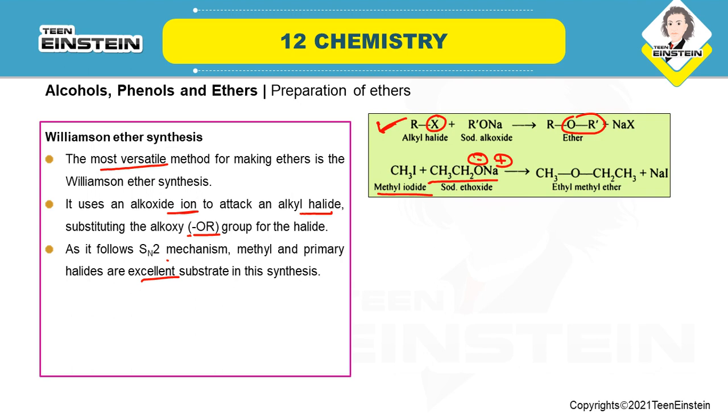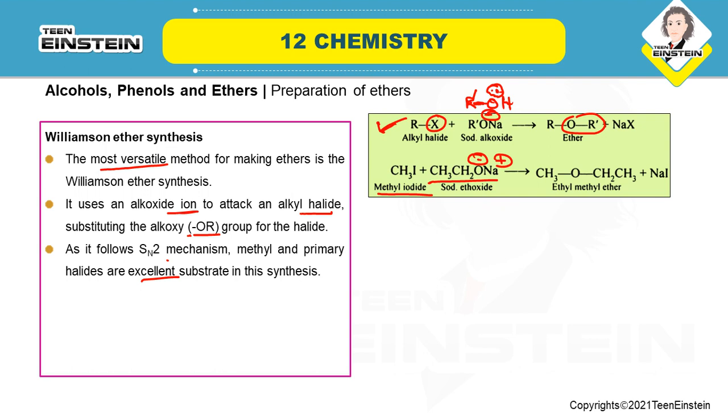The reason is, if you are using ethanol, better I give the explanation in terms of the general equation. Suppose you use R prime OH rather than R prime ONa. Here a lone pair is basically attacking, but if you have taken alkoxide, there is an actual negative charge present. Obviously its nucleophilicity is higher compared to the oxygen in alcohol.